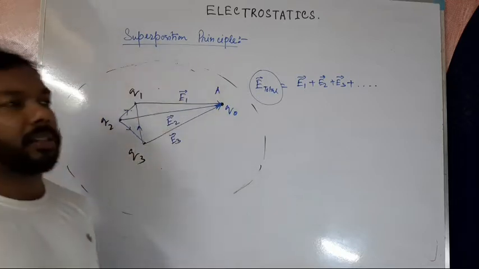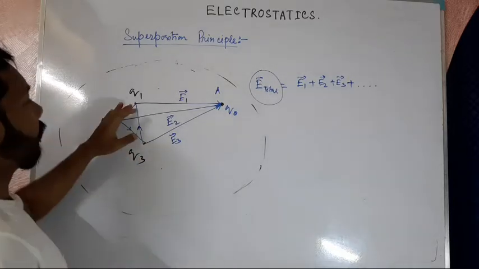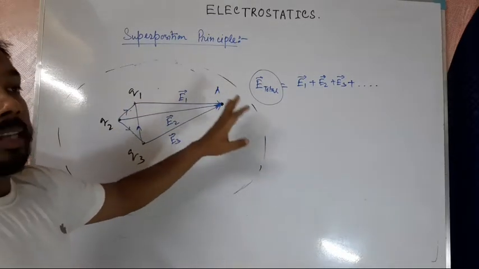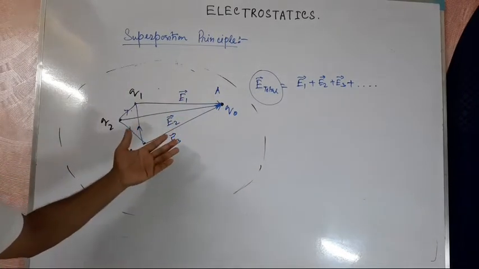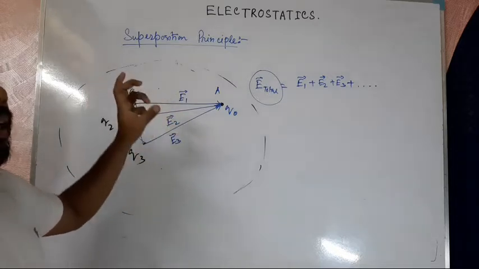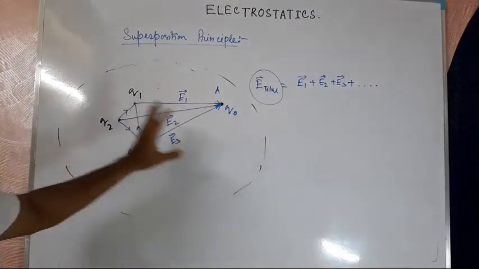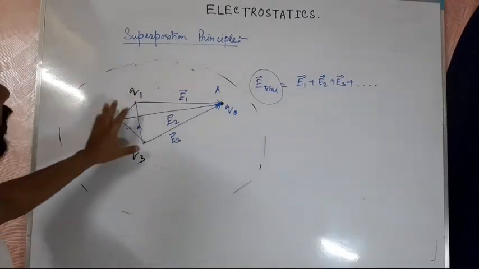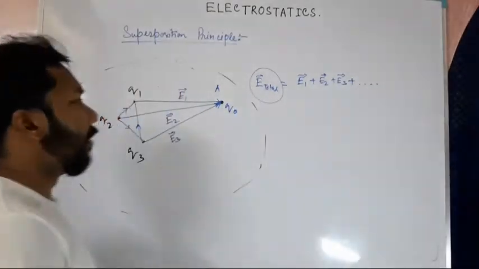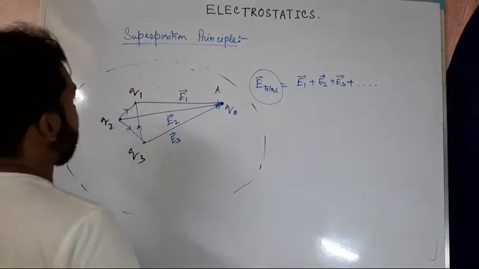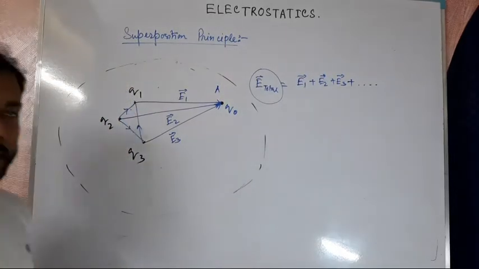That was previously said in the superposition principle of Coulomb's law, that the force between two charges is independent of the presence of a third charge. It will not influence them. So the forces are independent and can be added vectorially. So this is the superposition principle, which is applied in the case of electric field also, and this is just a vector addition. We can write it in the explicit form. Then we have to find the values r1, r2, r3 and write those explicit figures.